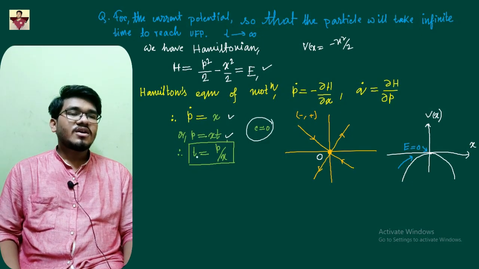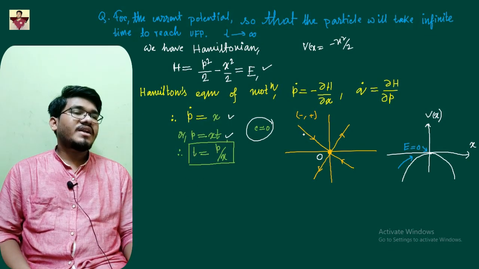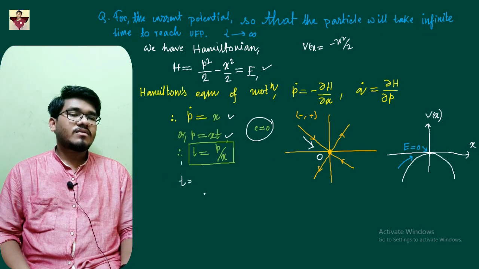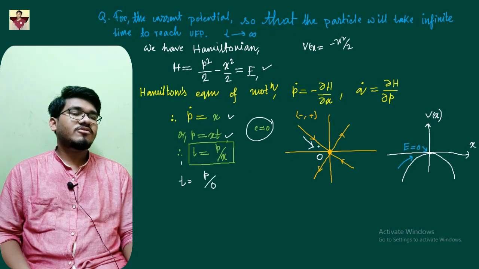Okay, so again your time will be p upon x. So for reaching this point, as you can see here x is becoming 0, right? So here x is becoming 0, so then your t will be p by 0, p also tends to 0, so it will asymptotically tend to infinity.